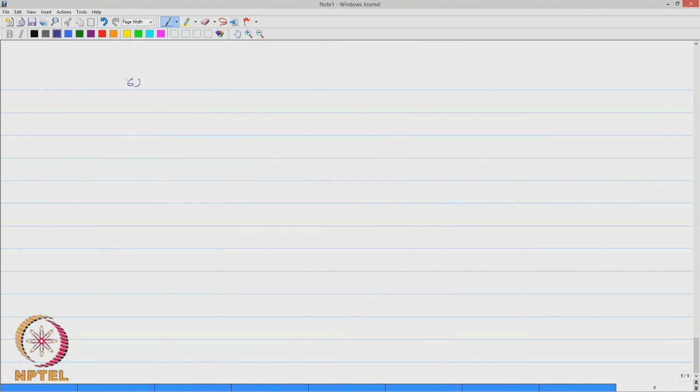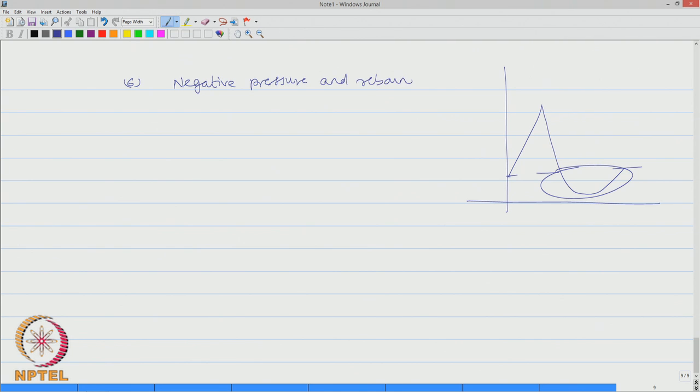The next factor is the negative pressure, because we know as the blast wave propagates, it reaches the peak, then dips and then comes to normal. So, there is a negative pressure which is called the suction pressure, and this will have a rebound loading.